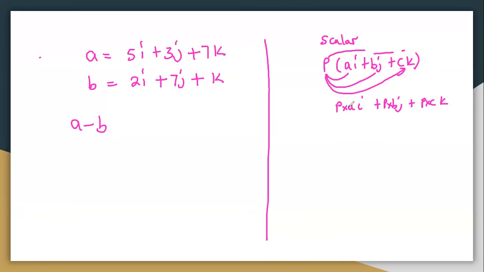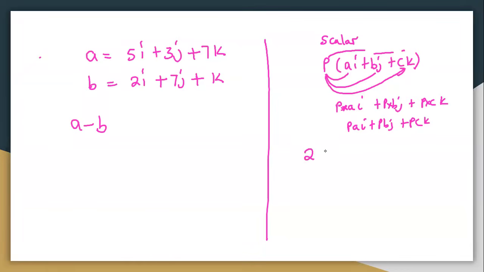But at this point, please, in vectors, let's avoid using the times sign. It may change the meaning. So just have Pai plus Pbj plus Pck like that. Don't show the multiplication using the times because in vectors, the meaning may be interpreted differently. Take an example.